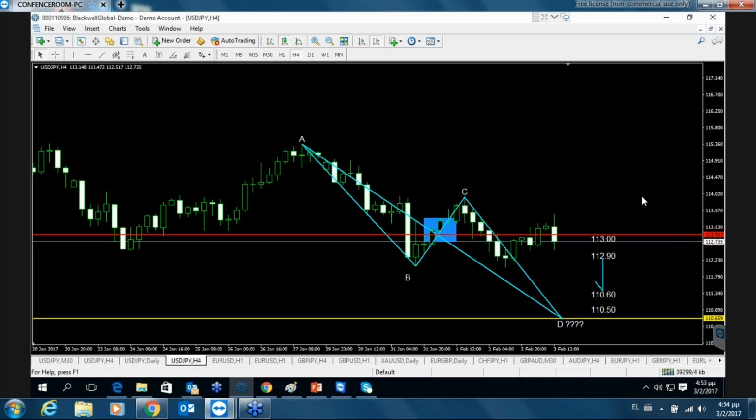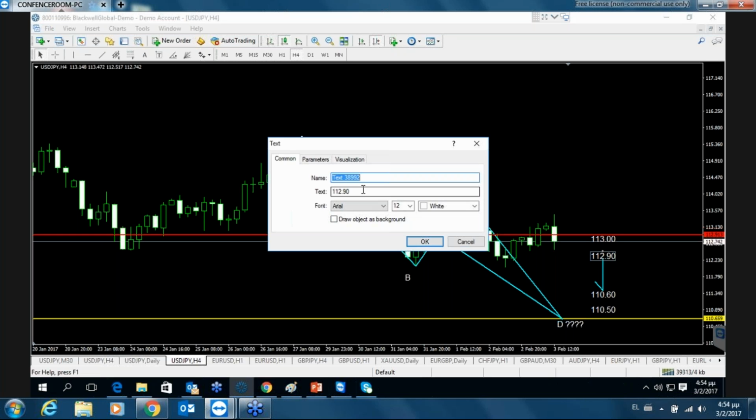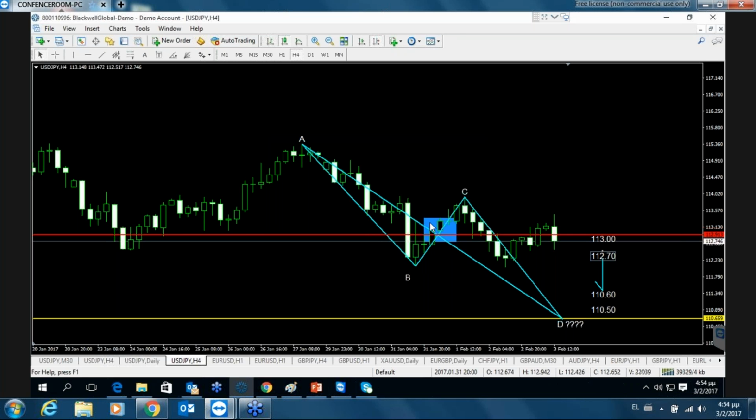Actually, if you're looking at the downside, it should be 112.70 instead of 90 here. Okay, so I will change that here to 70 instead, not really 90. Because 80 is it, because here it's given the center point at 112.91 or 92. So below that is 80, below 80 is 70. 80 is your psychological number.